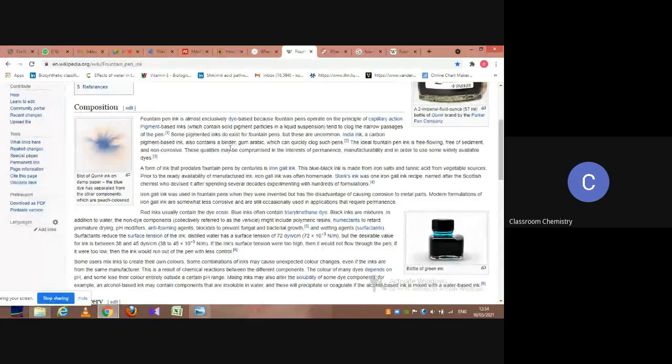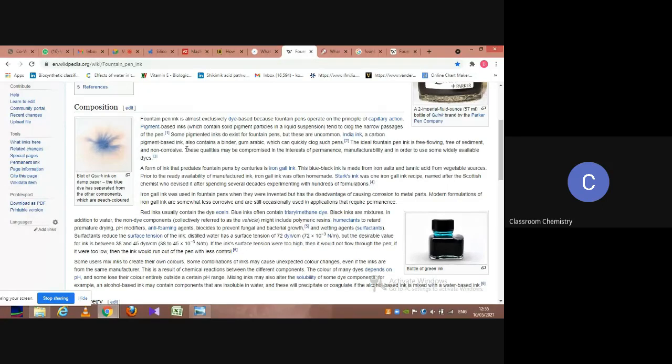अगोदर आपण कॉम्पोजिशन बघूया. So this is the principal of capillary action, and this pigment based ink contains solid pigment particles in a liquid suspension, which tend to clog the narrow passage of the pen. आता ज्यावेळेस आपण पेन वापरतो, जर तुम्ही हे मटेरियल वापरलं, आपल्याला माहित आहे की पेनची असेल की बॉल पेन असेल किंवा हे फाउंटन पेन असेल, त्याचं टोक एकदम बारीक असतं, म्हणजे त्याचा जो रूट असतो तो एकदम नॅरो असतो. अशा वेळेस ब्लॉक होण्याचे चान्सेस जास्त असतात, नीप, बरोबर.